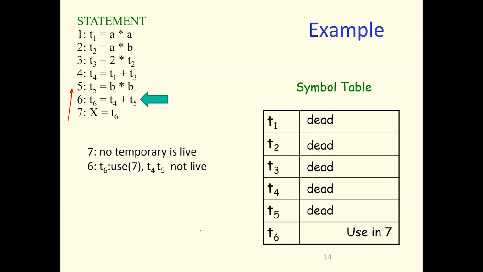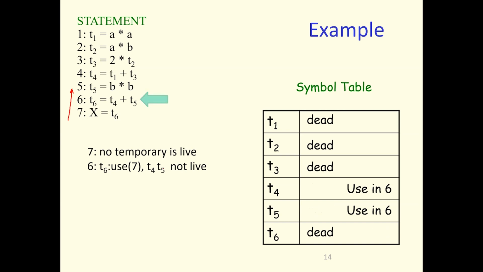This is a separate data structure that I will have to maintain. T6 has use in 7 and the variables T4, T5 are not live. Any temporary used in this line, I have to copy its information from the symbol table. And then I modify the symbol table. So T6 is marked dead. T4 and T5 get their use set in line 6.